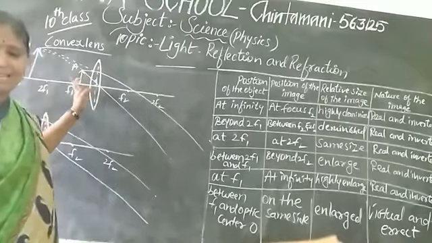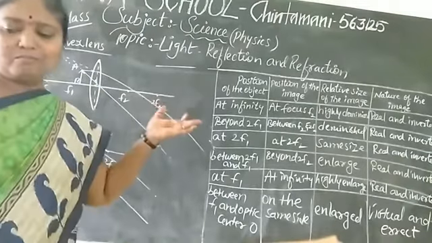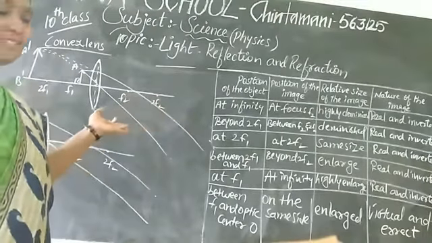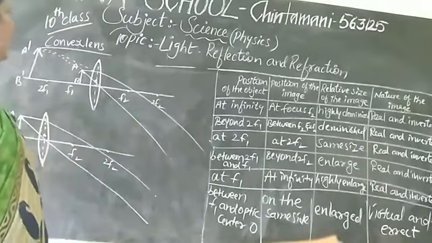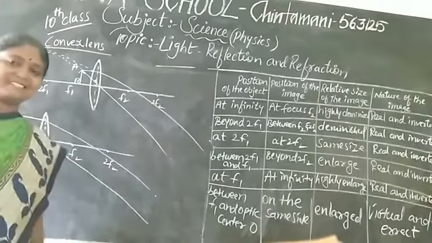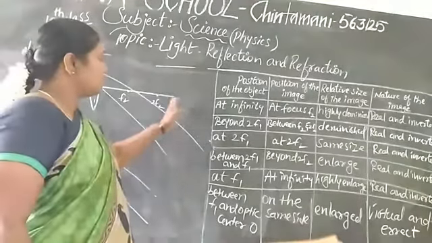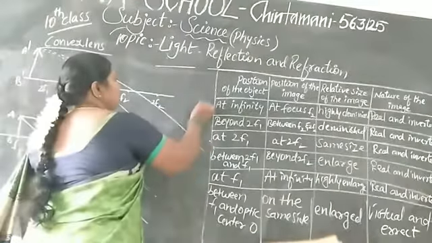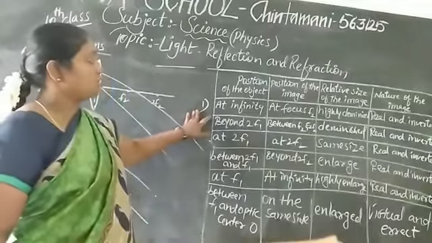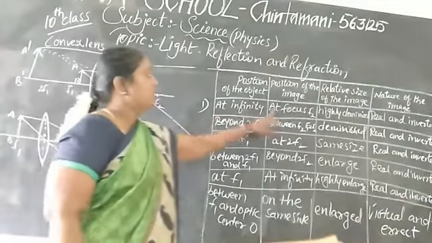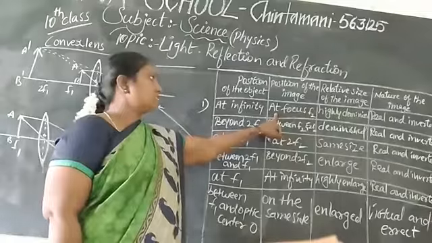So still we cannot go further. These are the images for our convex lenses. It is very, very important for us students. Let me see once again. When the position of the object is at infinity, it forms at focus F2.